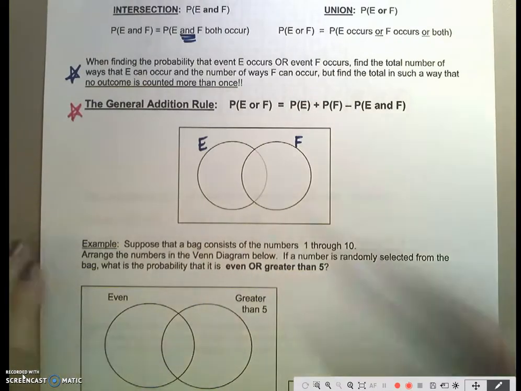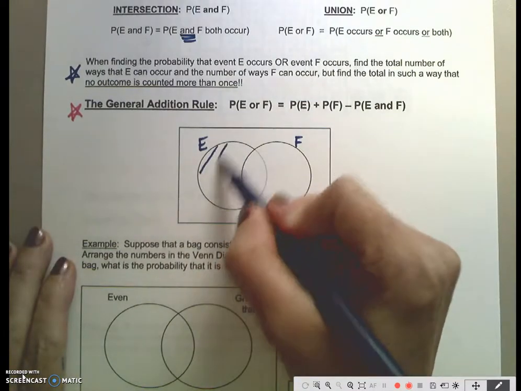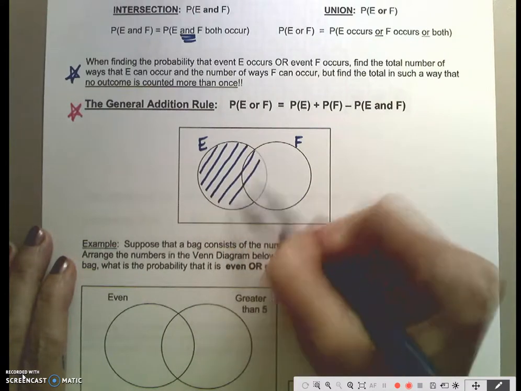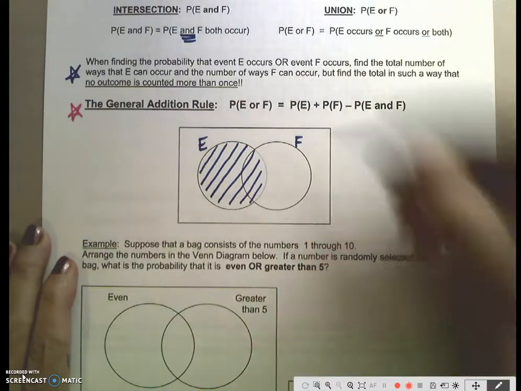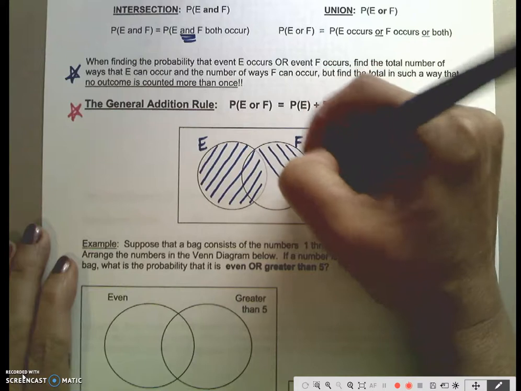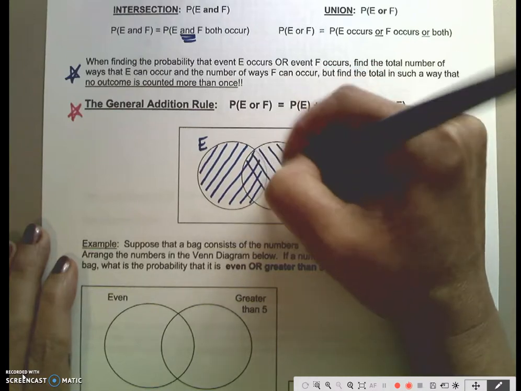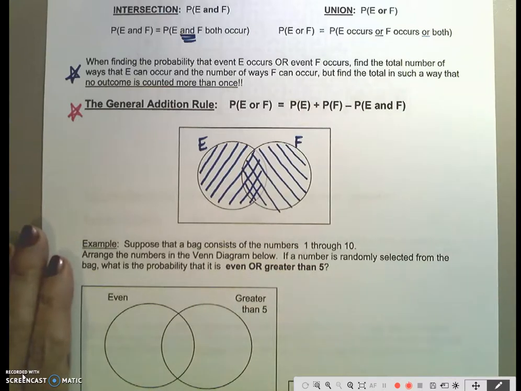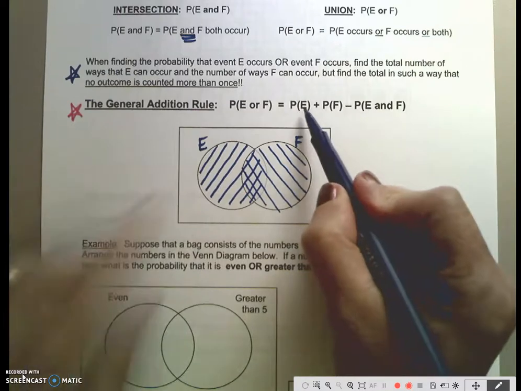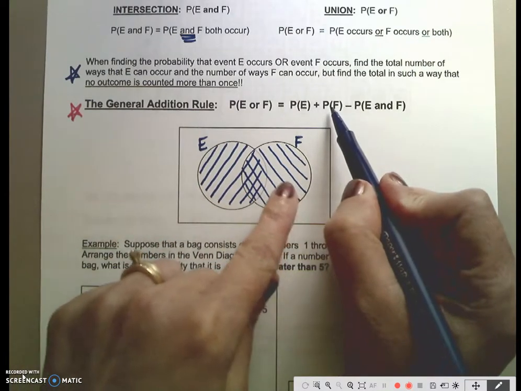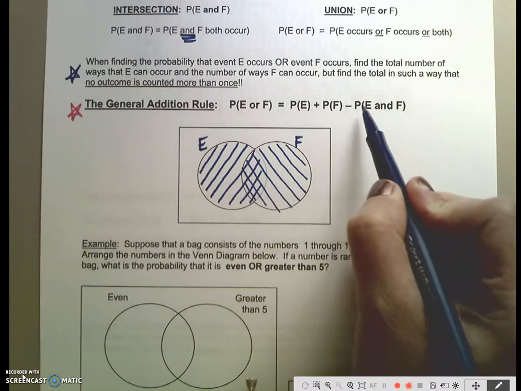If I take the probability that E happens, so I take all of circle E, and then I add that to the probability that F happens, you're going to see what happens here. I just double shaded everything in the center, everything in the intersection. So if you do that, probability of E plus F, like we did before when they were disjoint, you're going to have to subtract out an intersection.